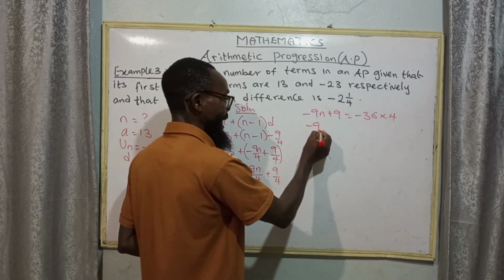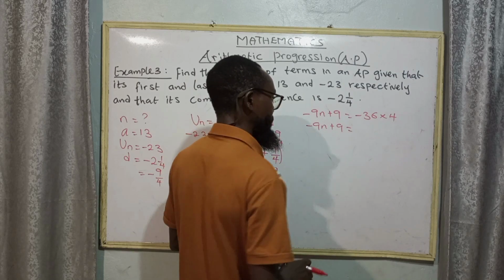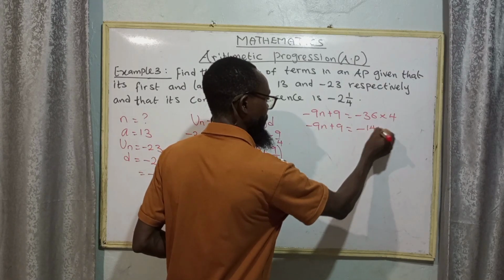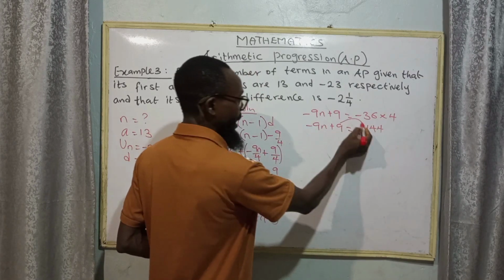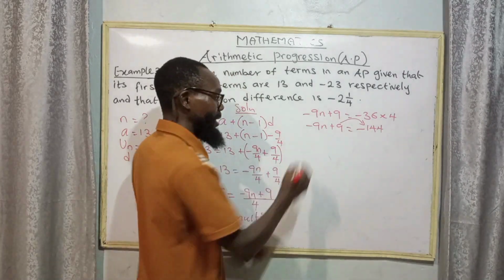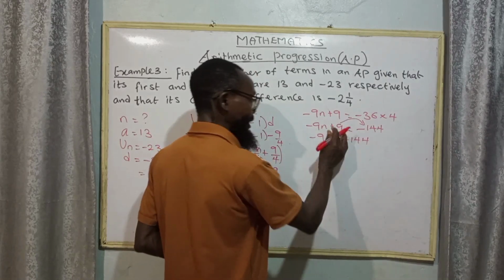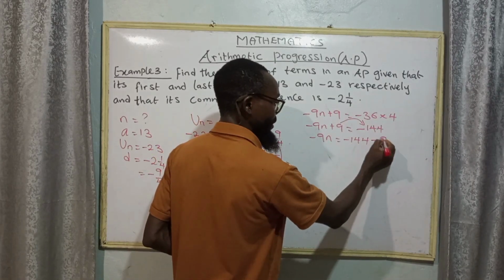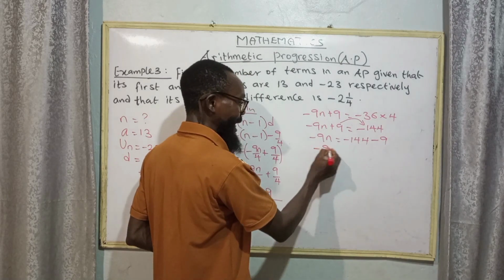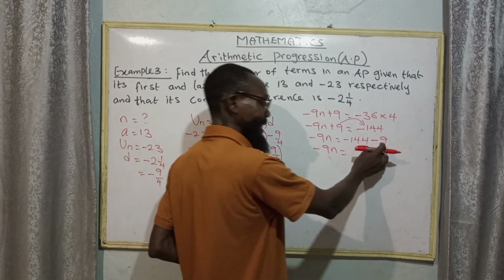So minus 9n plus 9 equals minus 144. Now plus 9 will go to meet 144 because it does not possess n. Minus 9n equals minus 144, and when it crosses, it changes to minus 9. So minus 9n equals minus 144 minus 9.